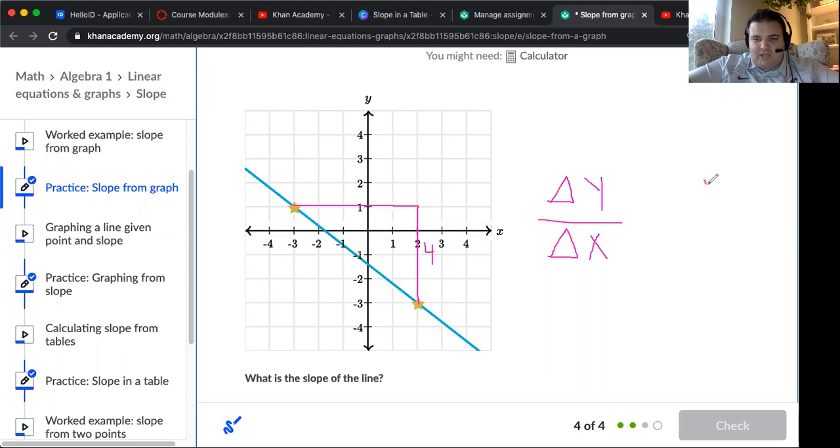So they end up with a change in y of 4 and a change in x of 5. The slope is 4/5. There's an issue with that, though, because this line is a decreasing line. It's going down. So that would have to be a negative answer.